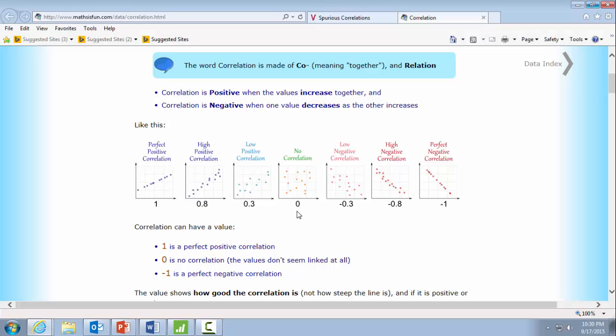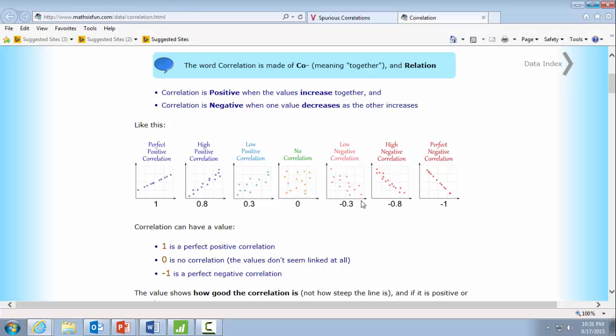Now, that correlation coefficient tells us how well the values fit a straight line. So here we see a high positive correlation, and these values, they're close to a straight line but not perfect. And here we see the R value for the correlation coefficient has gone down because these are a little bit further from a straight line. And then we see the mirror images in the negative direction, though.